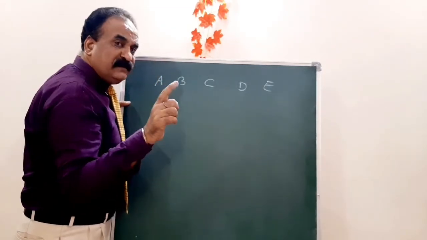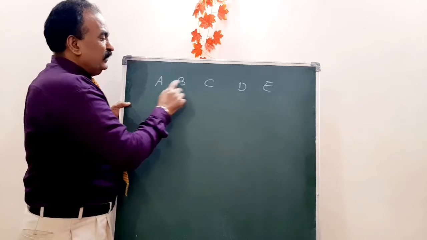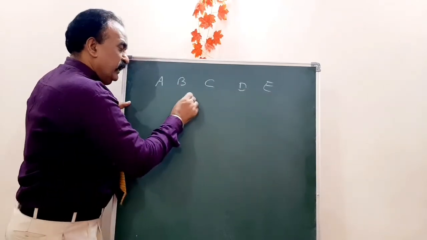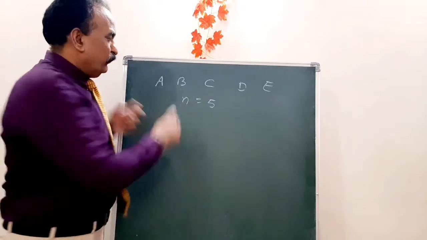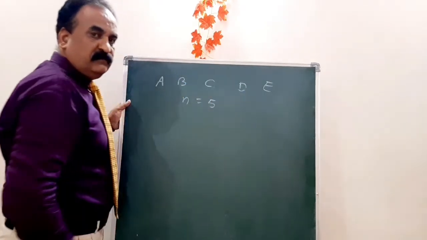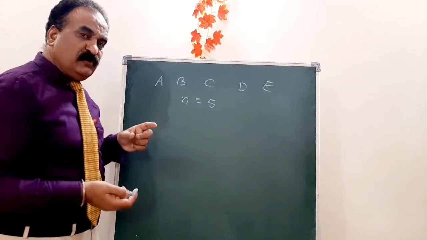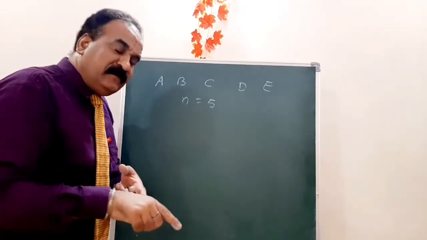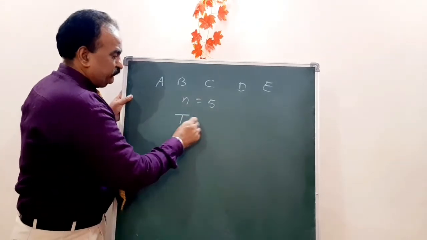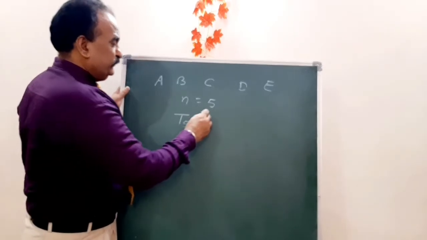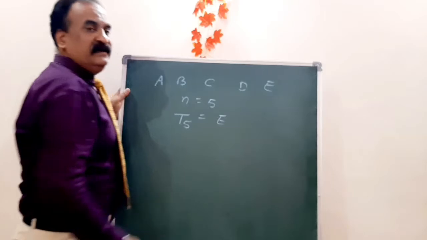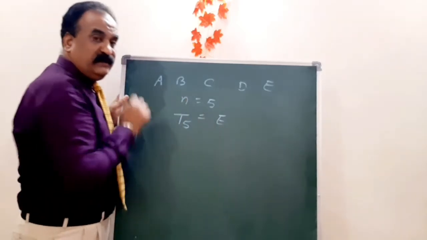You can tell 1, 2, 3, 4, 5. So n is equal to 5, the number of terms. Now what is the fifth term? It means the last term, T5. T5 is equal to E. The fifth term is equal to E.